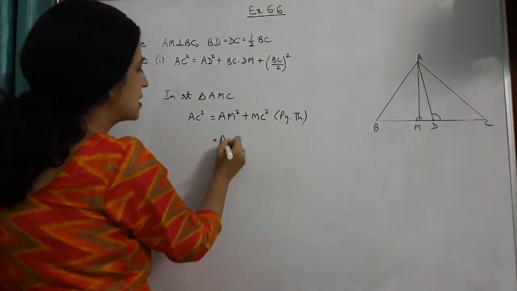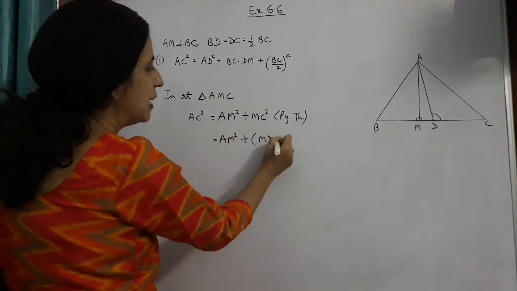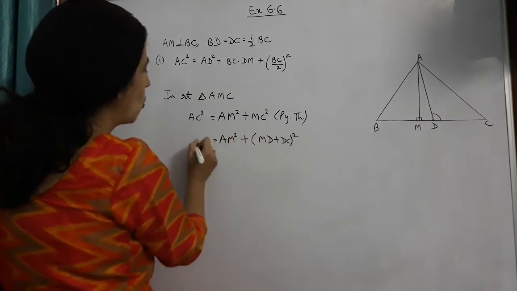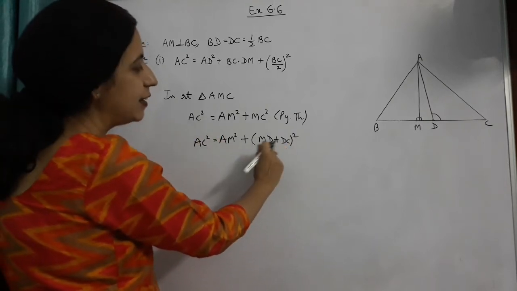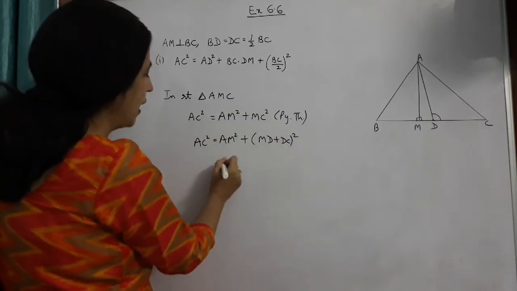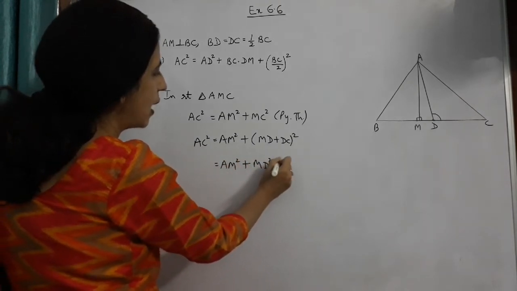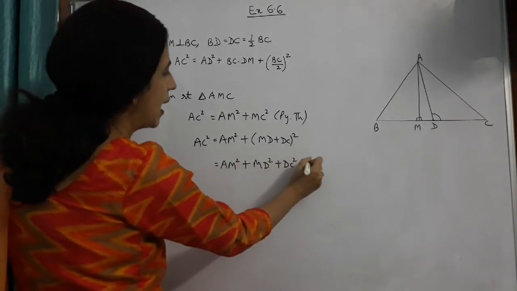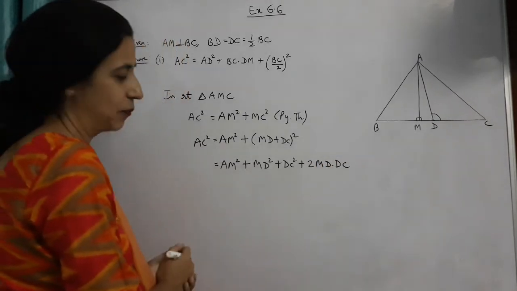So this becomes AM square plus MD plus DC whole square. Now we will simplify this by using the identity A plus B whole square. So over here this becomes MD square plus DC square plus twice MD into DC.